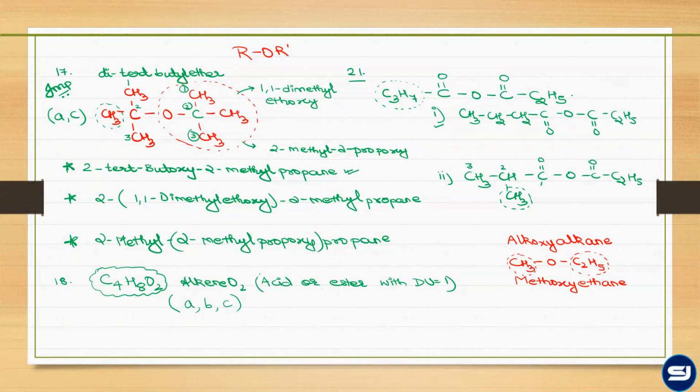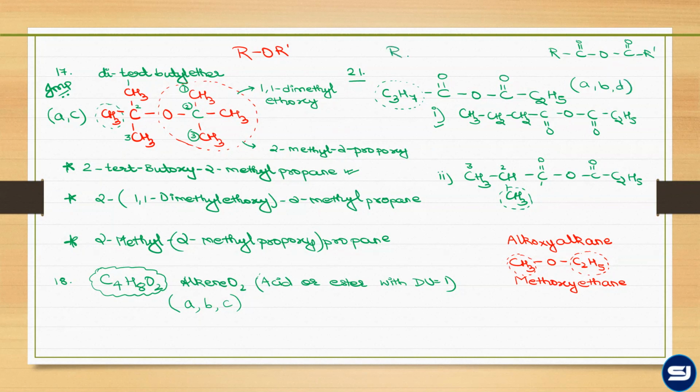It's an isomer of dioic acid. Can't be. No, it can't be an isomer of dioic acid. And it's a mixed anhydride. Mixed anhydride means the R and R dash of the anhydride is different.